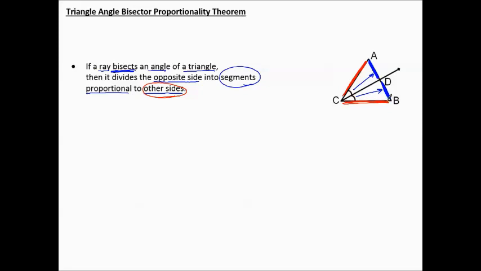So how can we show that? In a proportion, piece on the top to piece on the bottom, AD over BD must equal the ratio of the other sides. Now we went from top to bottom, so again we'll go from top to bottom.